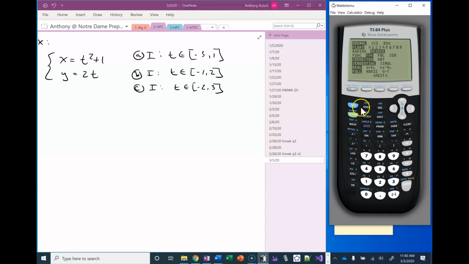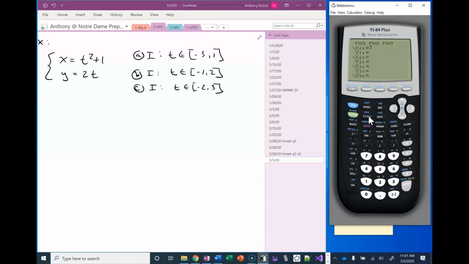Okay. So now that I've done this, if I go to the Y= menu, you notice that the Y= menu looks a little bit different. For each function, you're given an X and a Y spot where we have to give our function for X1 in terms of t and our function for Y1 in terms of t. So in our example, x is t squared plus 1.